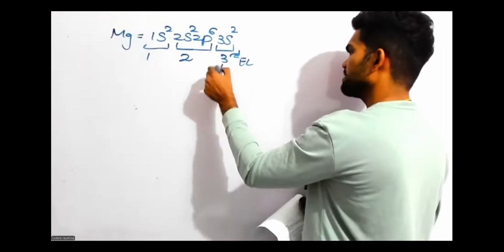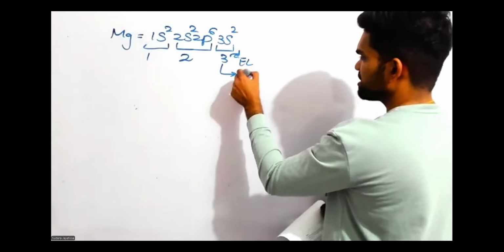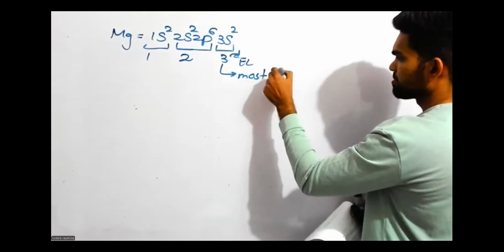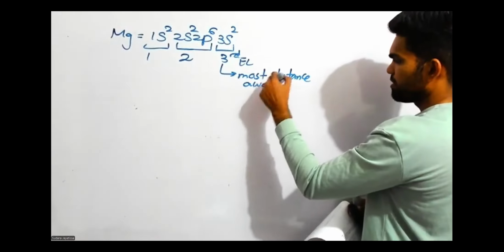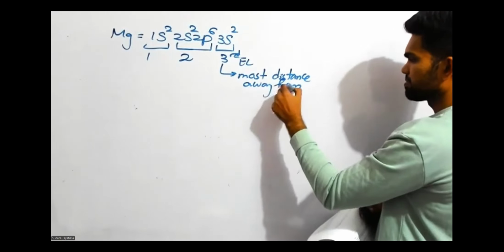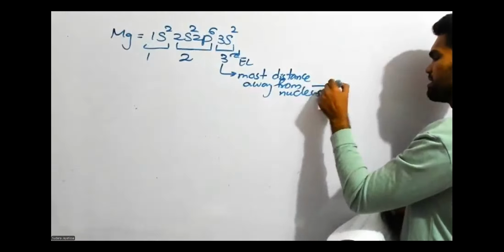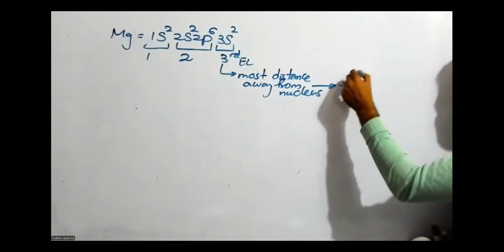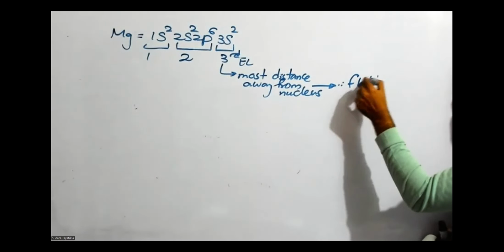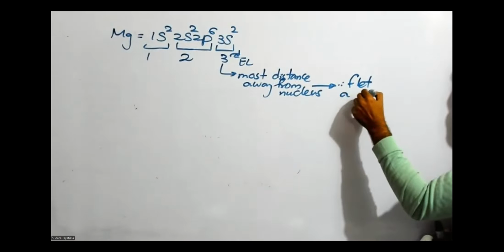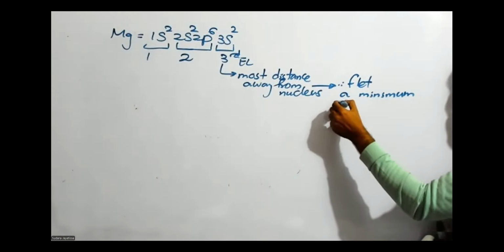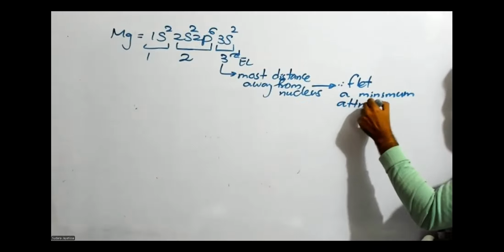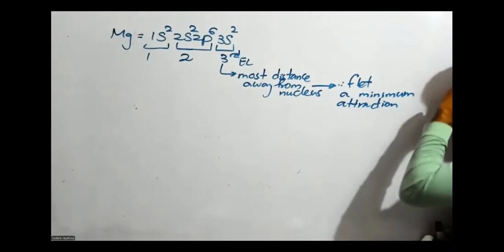So these electrons are the most distant from the nucleus, and therefore feel a minimum attraction.